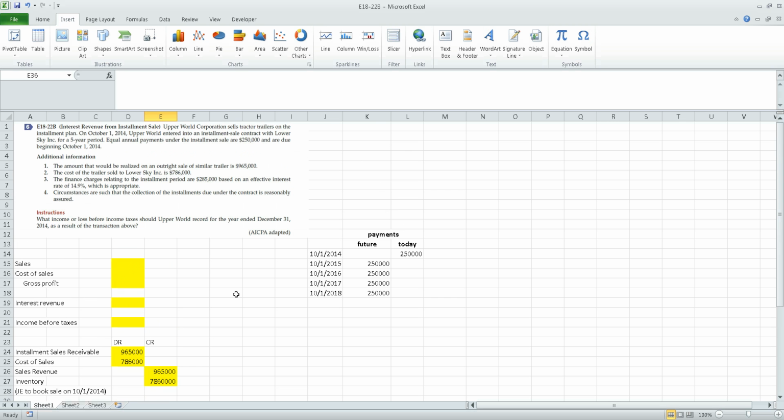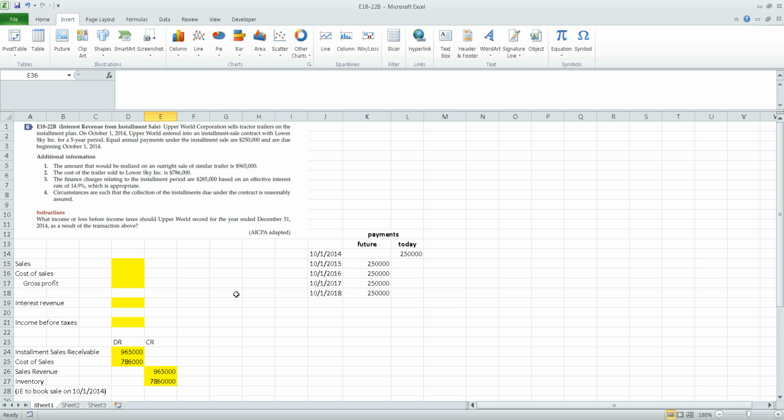So basically what you have here is an example of a sale that has implicit interest embedded in it. There is no explicitly stated interest, but implicitly there's embedded interest in this transaction because we're paying back more than the fair value of what we bought.